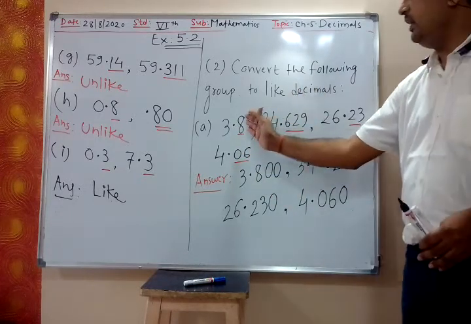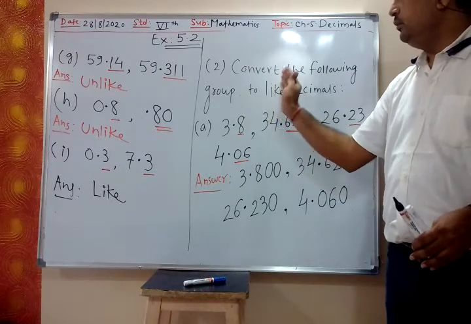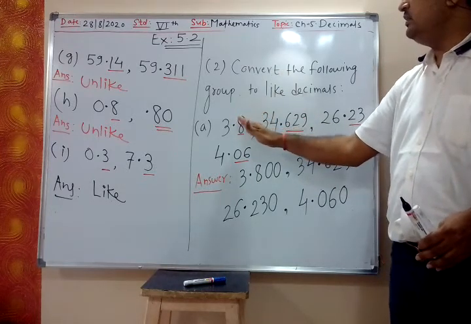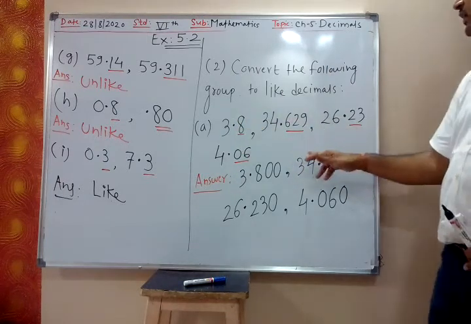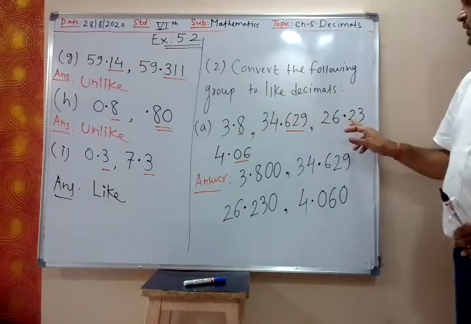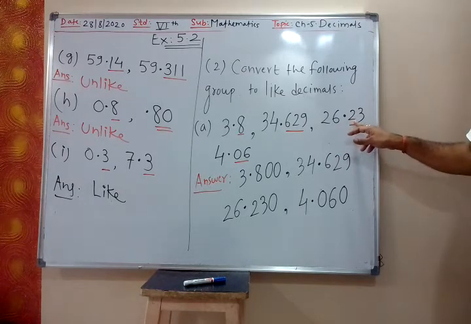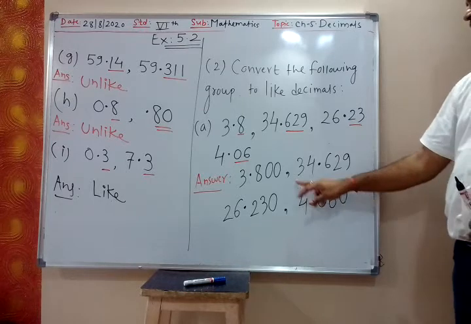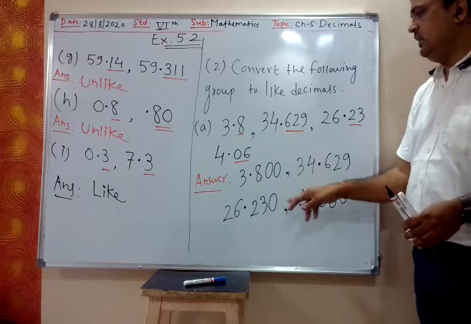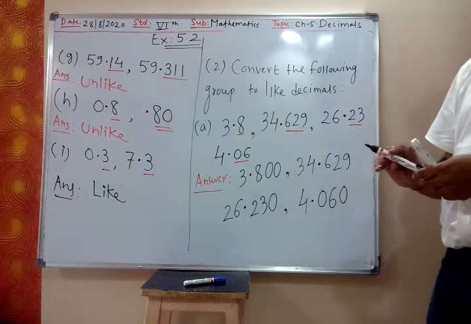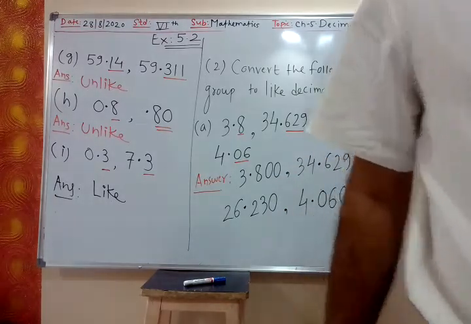Always remember, you cannot add zero before 8. Always add zero to the right of the decimal, after 8. Then this is already 3. Now this is 2 digits, we want 3, so 23 becomes 230. Then 4.06, I will add 1 zero, 4.060. So now they are like decimals.